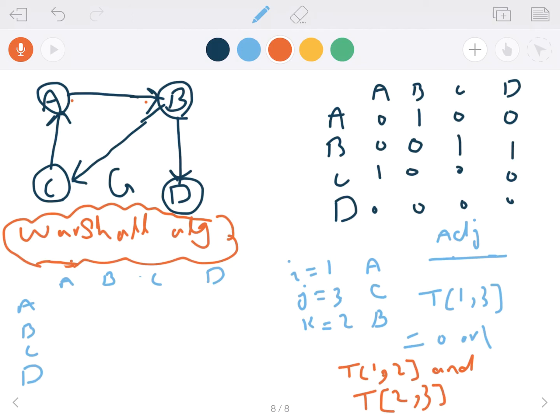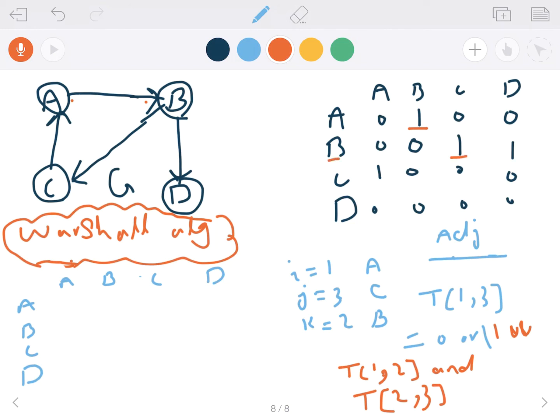Okay, so T of 1 and 2. At first we are also initializing the transitive closure with the adjacency matrix. If you look at the adjacency matrix, T of 1 to 2, that is going from A to B, is 1, so we are putting 1 here. And from 2 to 3, that is from B to C, that is also 1.